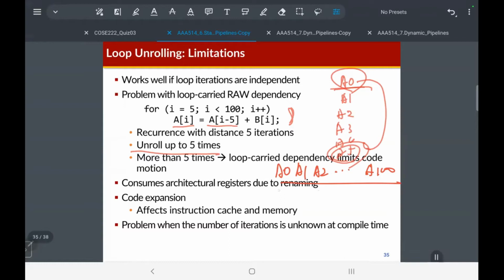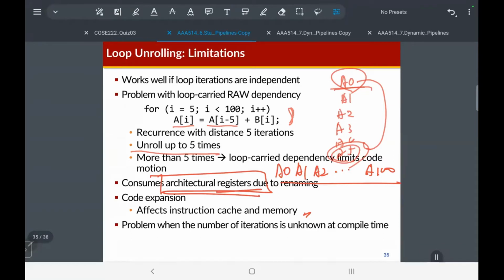As I explained, there is also architectural resistance due to the register renaming, and the code size is also increased. So what is the benefit of the loop? We can write fewer lines of code, and it is automatically compiled by the compiler.